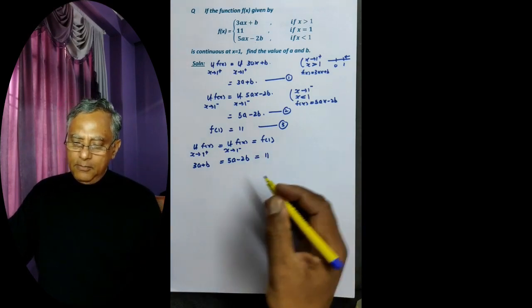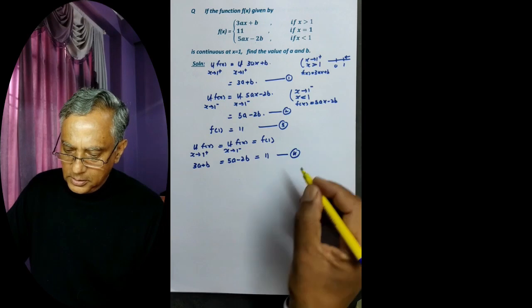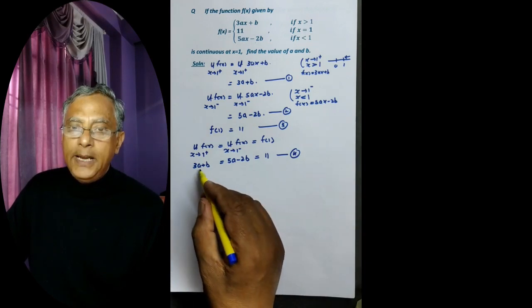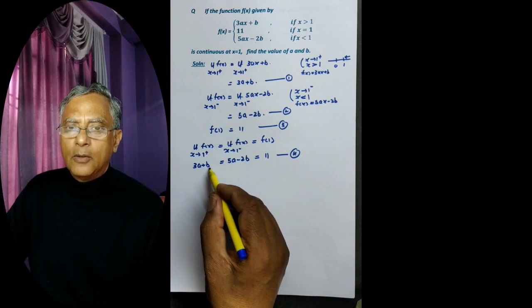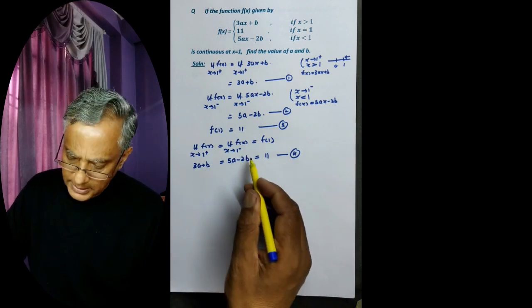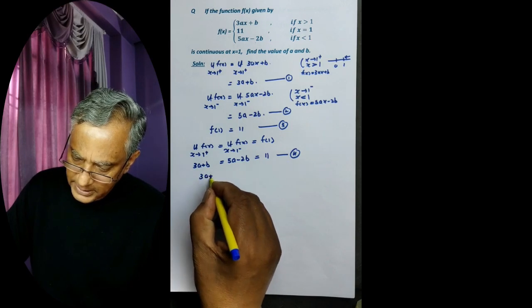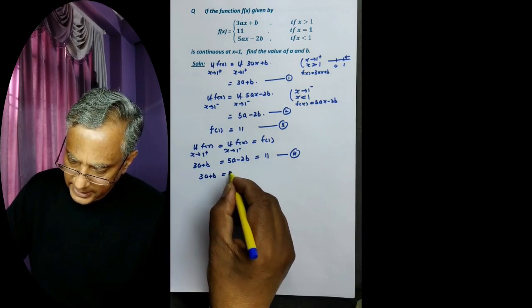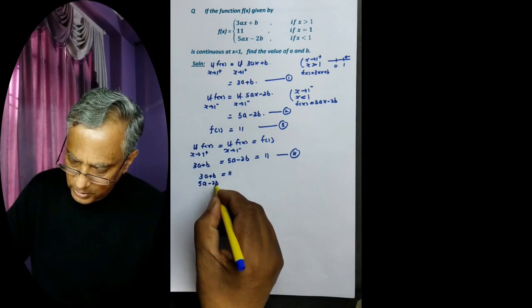Now these must be equal. Now to find a and b, we need two equations because two unknowns are there. So the first equation is 3a plus b is equal to 11 and the second equation is 5a minus 2b is equal to 11.